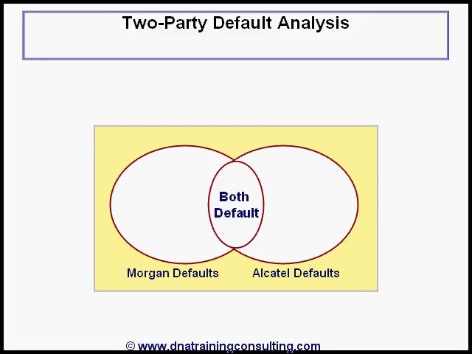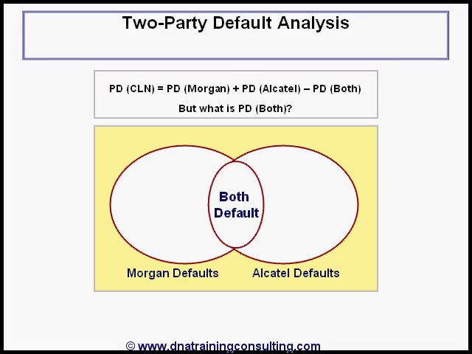The mathematics for deriving the default risk of the CLN are relatively simple and are best understood via this diagram and the formula about to appear above it.